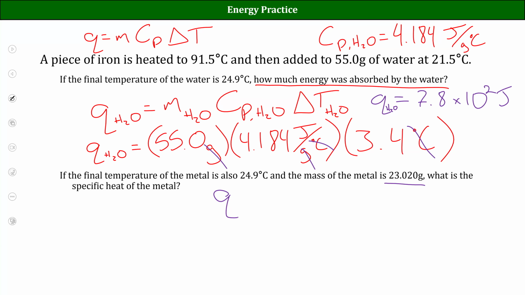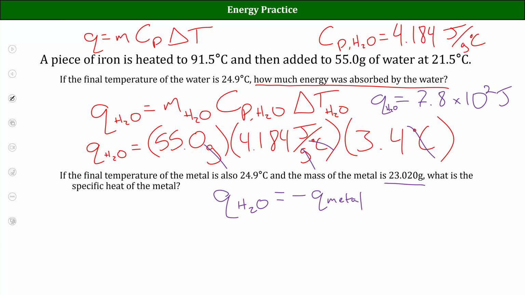Yep. Inverse, I think inverse means 1 over. Does it? Or is that the reciprocal? Maybe I'm wrong. Inverse could work. Either way, the negative. We can say that whatever energy went into the water came from the metal. It does get this negative sign in there because what was gained by the water is a positive energy gain for the water, but the metal had to lose that much energy.